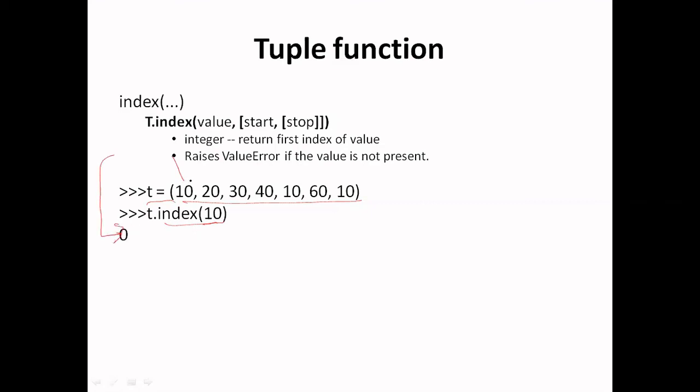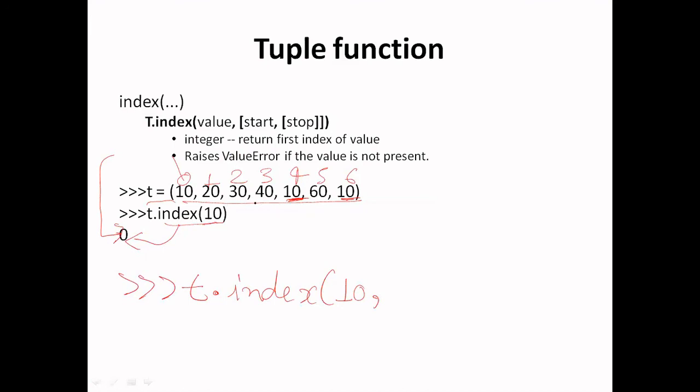So the 10 exists for the first time at index 0, then these are the indexes. Again, 10 exists at index 4 and index 6. But this will return me the answer 0. In case you want to know where the second occurrence of this element 10 is, I will write 10 and then put the start index value and stop index value if I need.